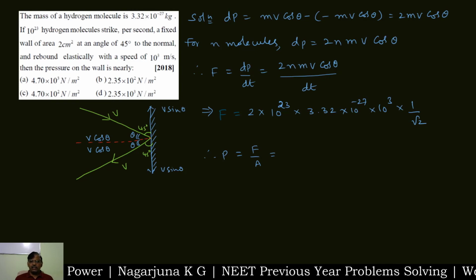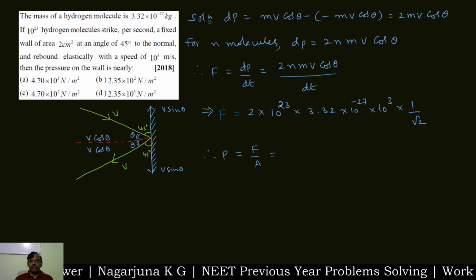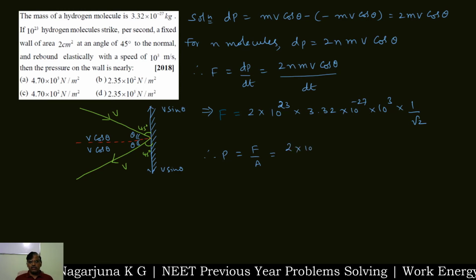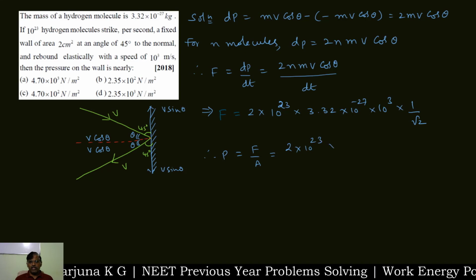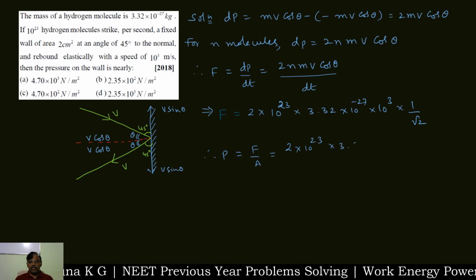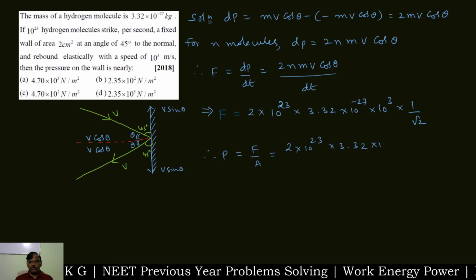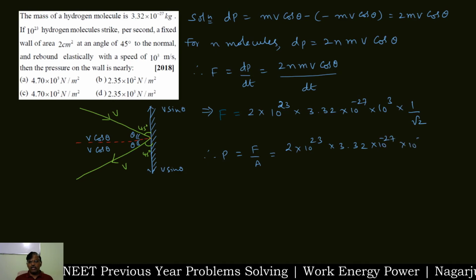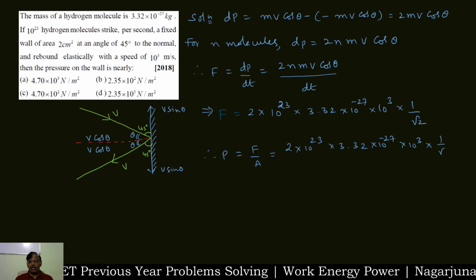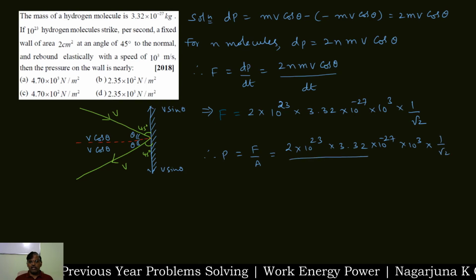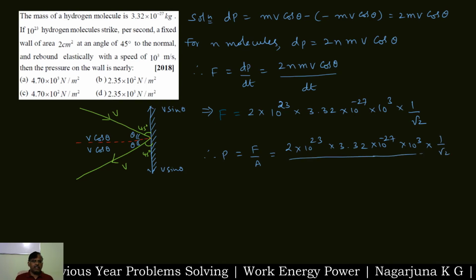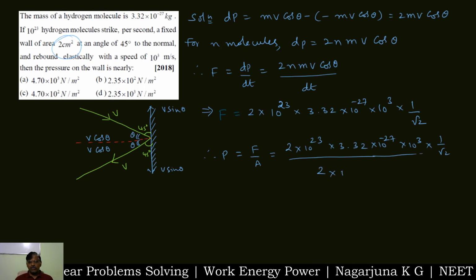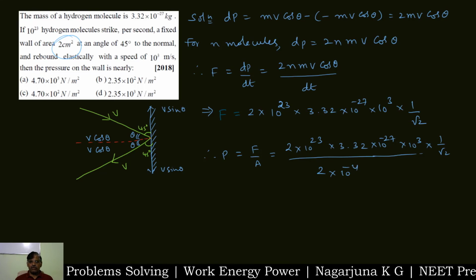So that is here 2 into 10 power 23 into 3.32 into 10 power minus 27 into 10 cube into 1 divided by root 2, divided by A. A is given in the question as 2 centimeter square, so that is 2 into 10 power minus 4 meter square.